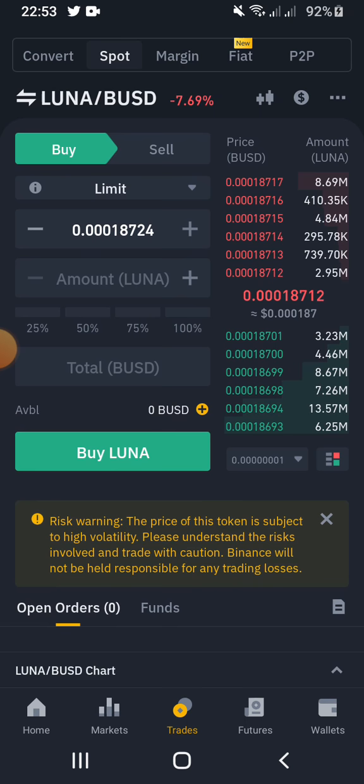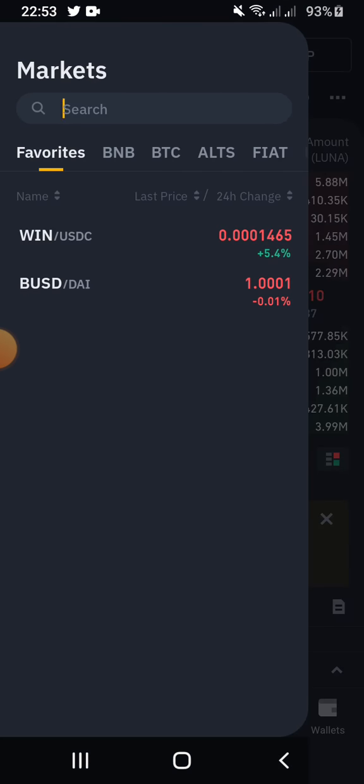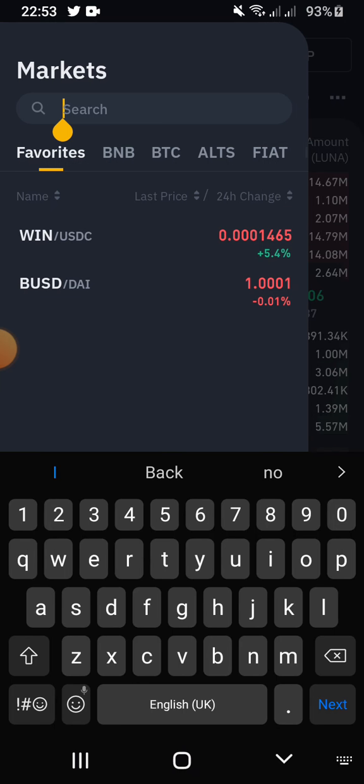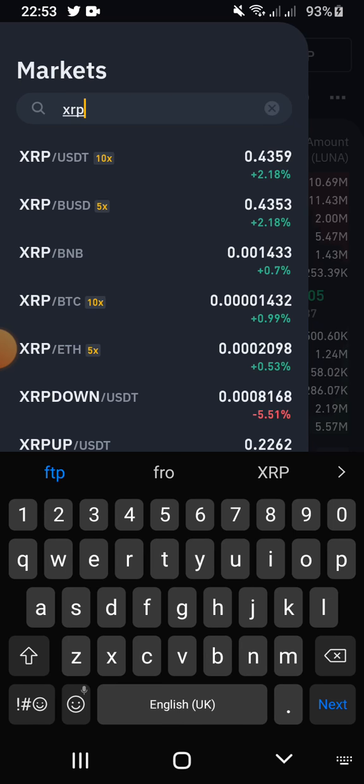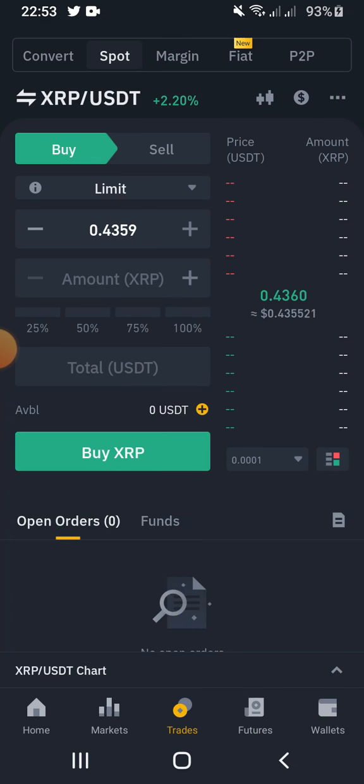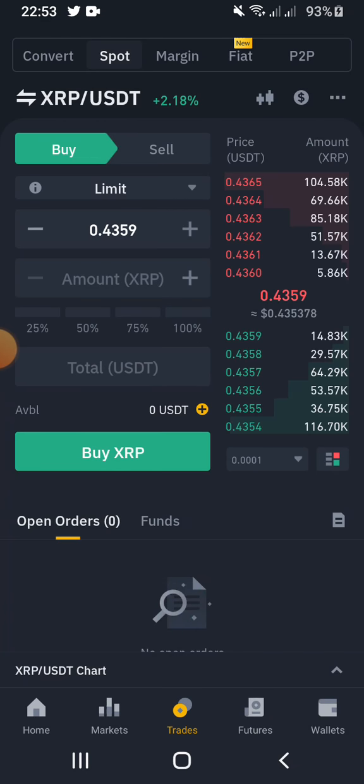So let's say you want to trade whichever currency you want to trade. All you need to do is select the pair. So let's say you want to trade XRP. XRP is currently doing about 2.18% gains in returns over the 24-hour volume. So you want to take note of this.